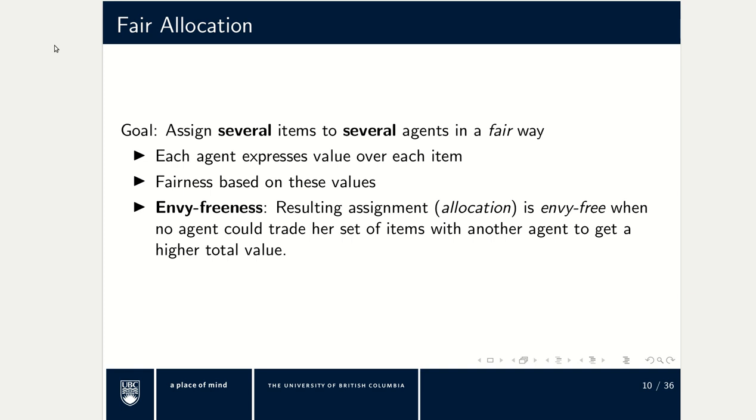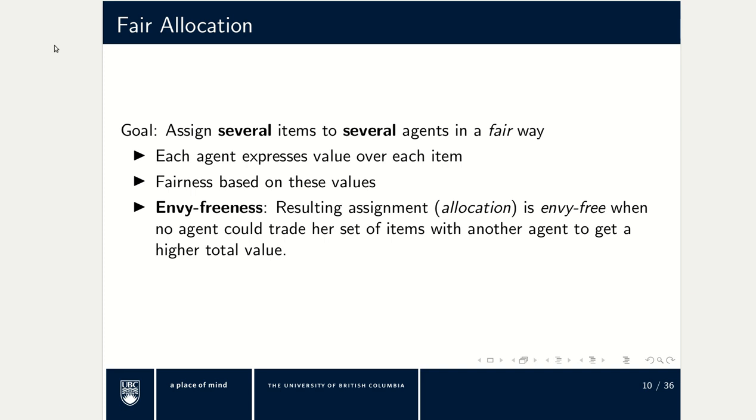The other area we look at is fair allocation, where we try to assign several items, which are usually objects or like treasure, something like that, to several agents, which are usually people, in a fair way. Each agent expresses some value over each item, and the fairness is then based off of these values. There's a bunch of different fairness criteria that you can look at.